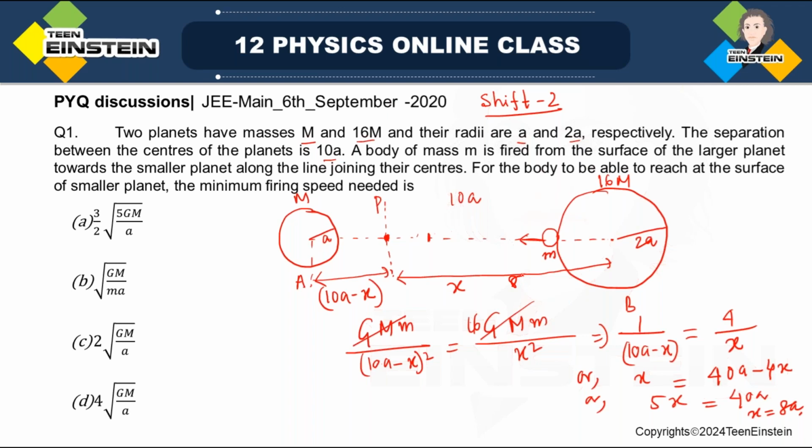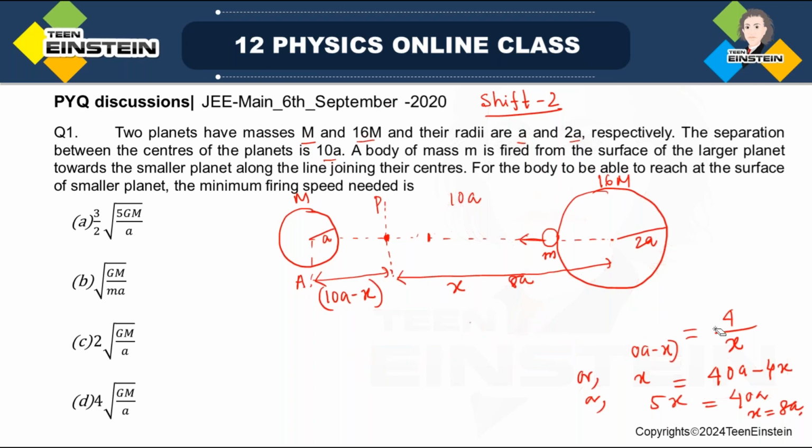So that means this much is 8a, and the rest will be 2a. So x is 8a, and 10a minus x, this distance, is actually 2a.